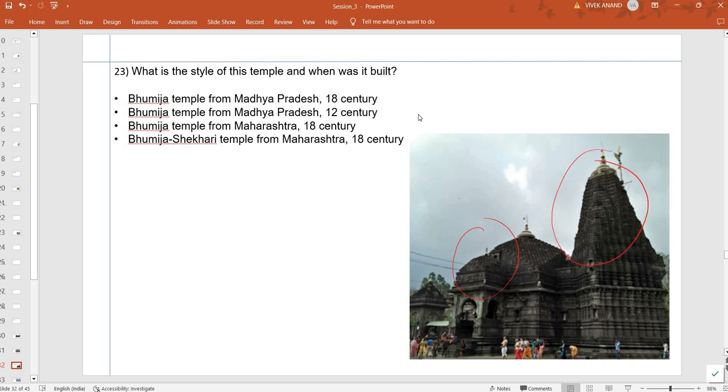That is Bhumija, how you were saying Bhumija? Horizontal strips from the top to the bottom? No, there are no horizontal strips. There are different shikharas which are going upwards. Like at the bottom there are more shikharas and then going to the top.